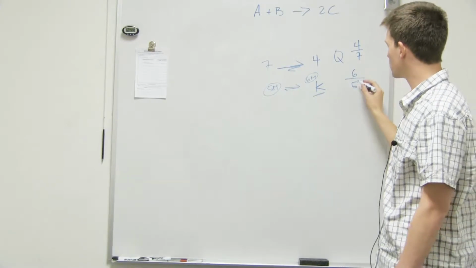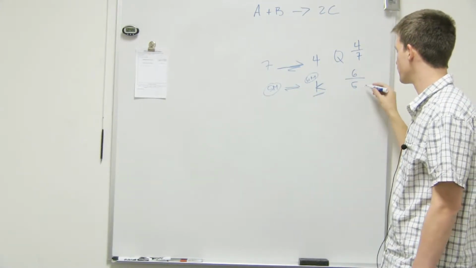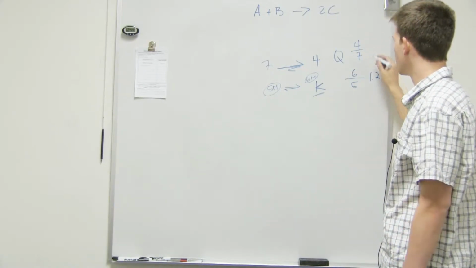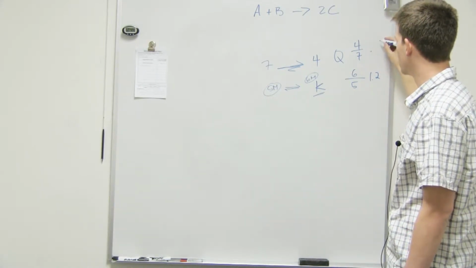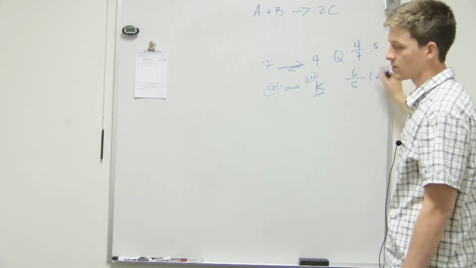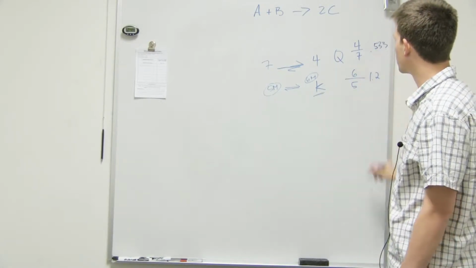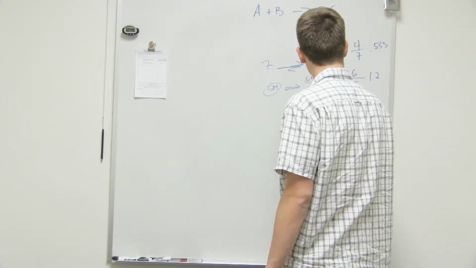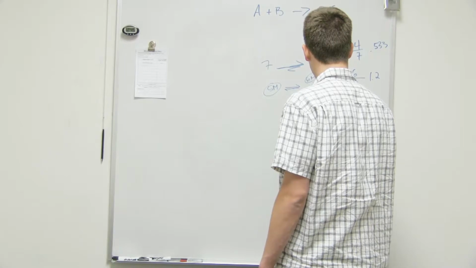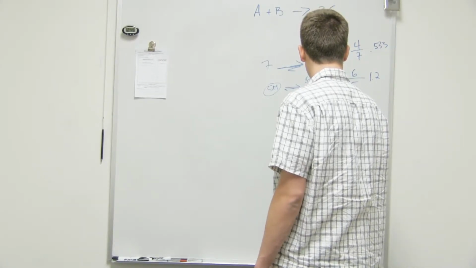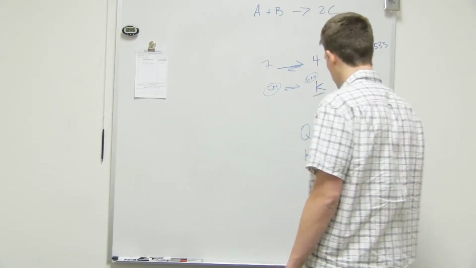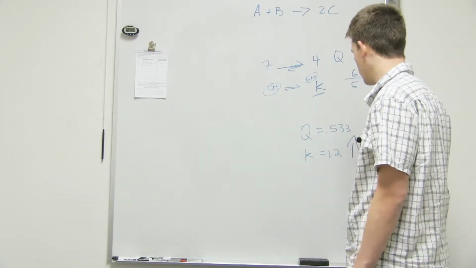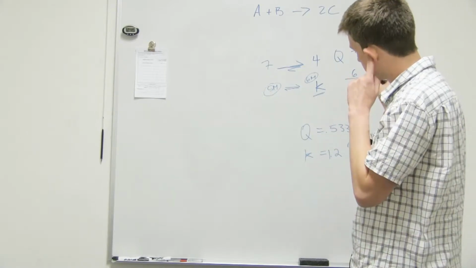So this one's going to give us 0.5333, something like that. Our K was 1.2. So which one's bigger? K is bigger.